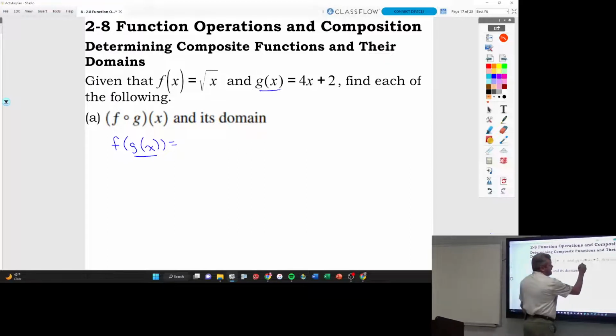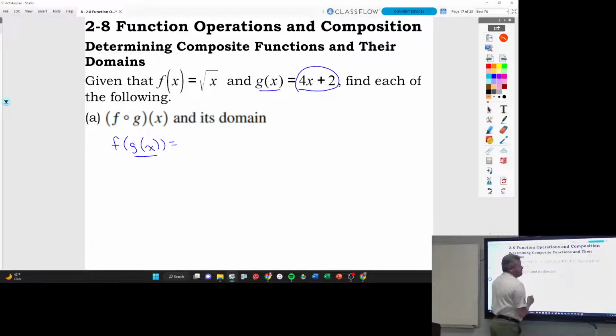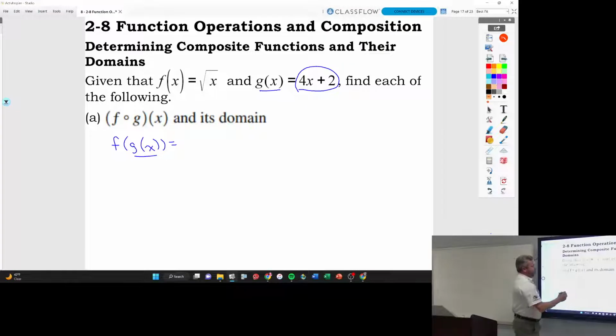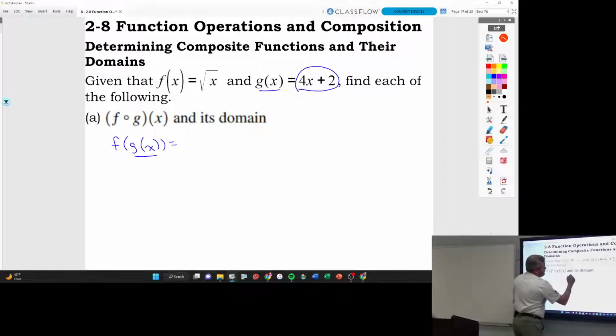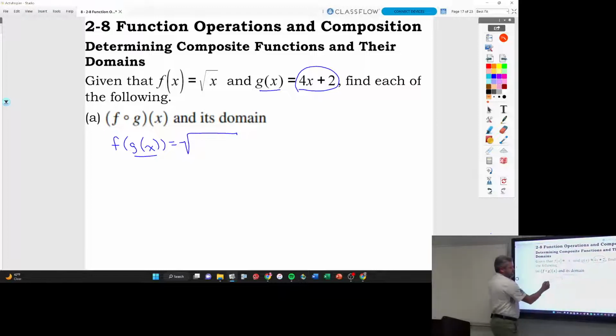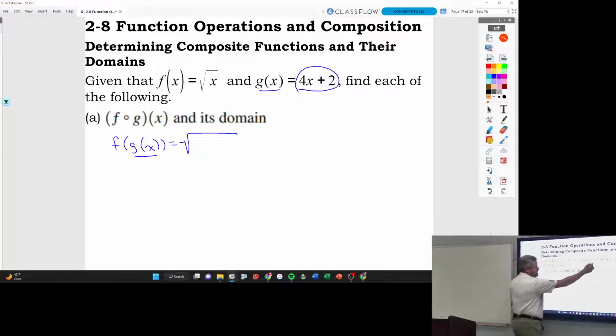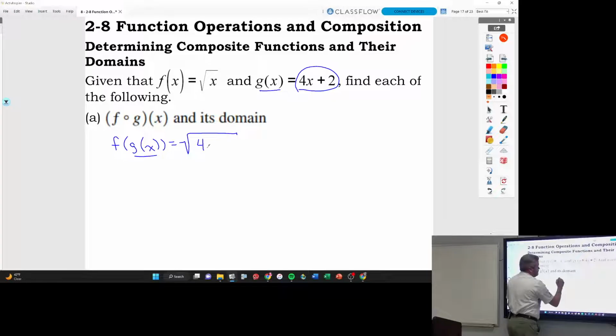But remember, g of x is this right here. So my f function is the square root of x. But x is going to be replaced with g of x. But g of x is 4x plus 2. So the square root of 4x plus 2.